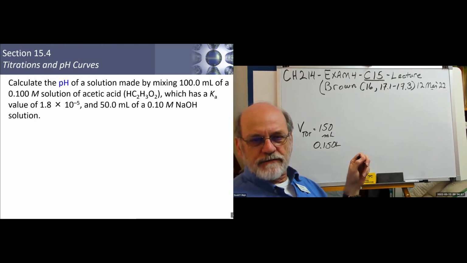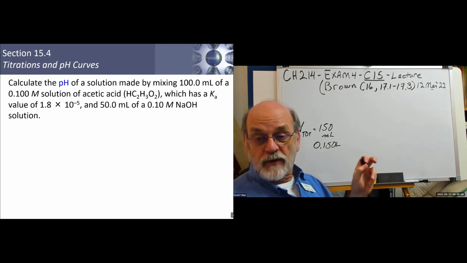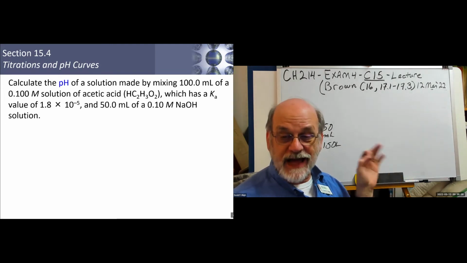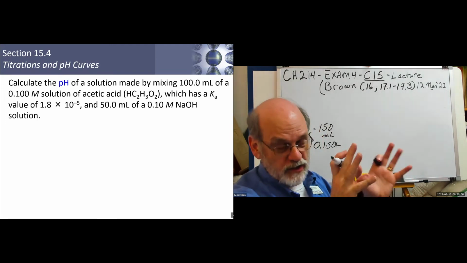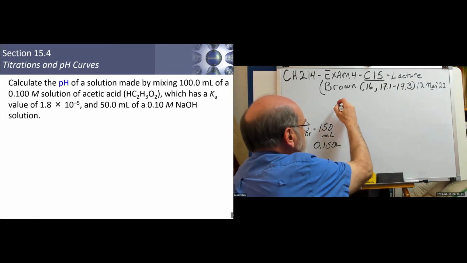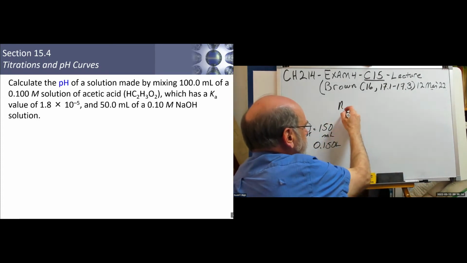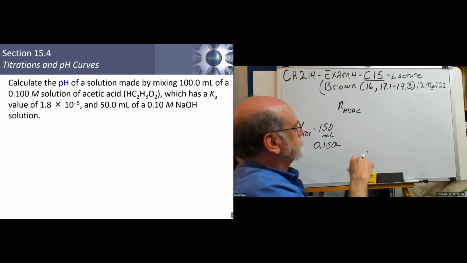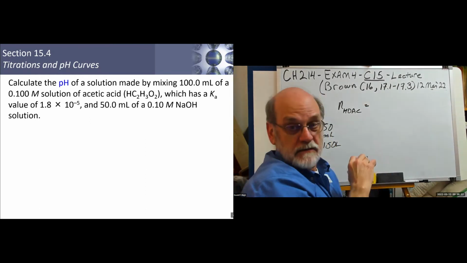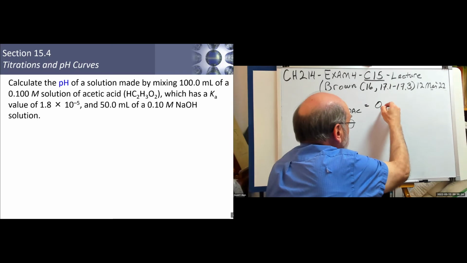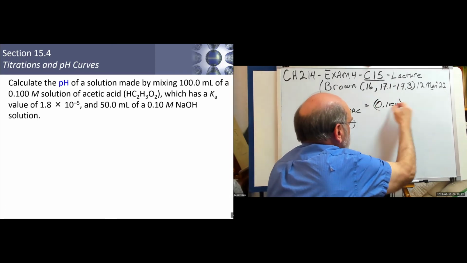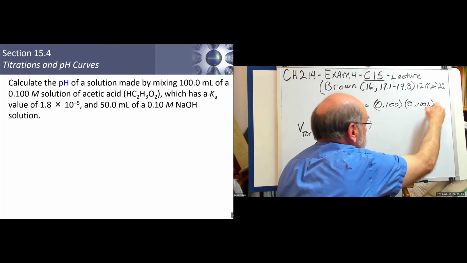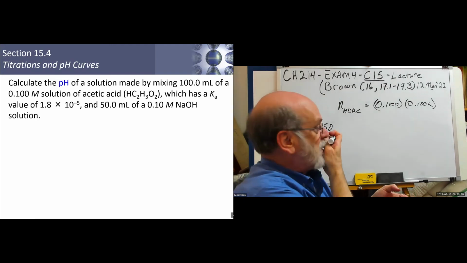So how many moles of acetic acid are there? Well, remember, molarity is moles divided by volume. So moles would be equal to molarity times volume. Just rearrange the equation. So the moles of acetic acid, that's my abbreviation for acetic acid, is equal to molarity, which is 0.1, times volume, or 0.1 liters, right? 100 milliliters is 0.1 liters.